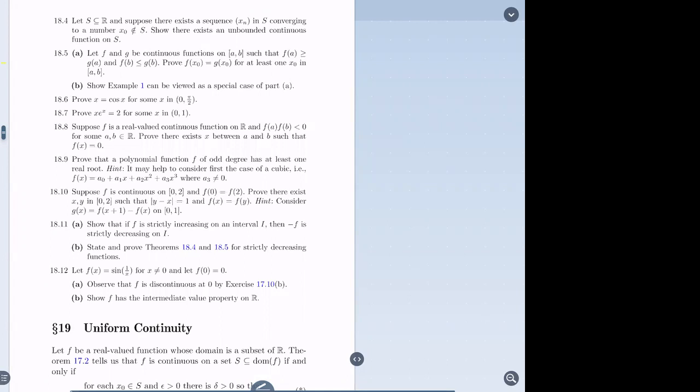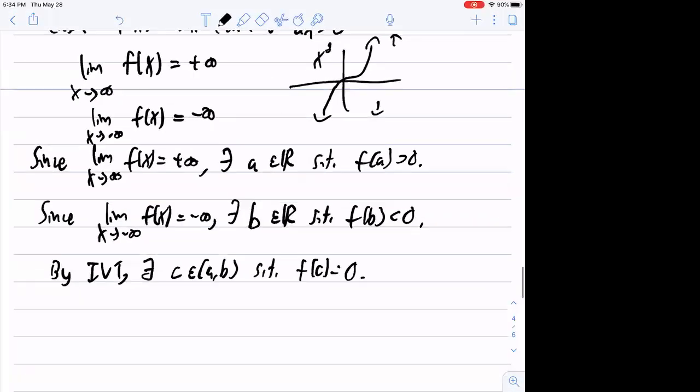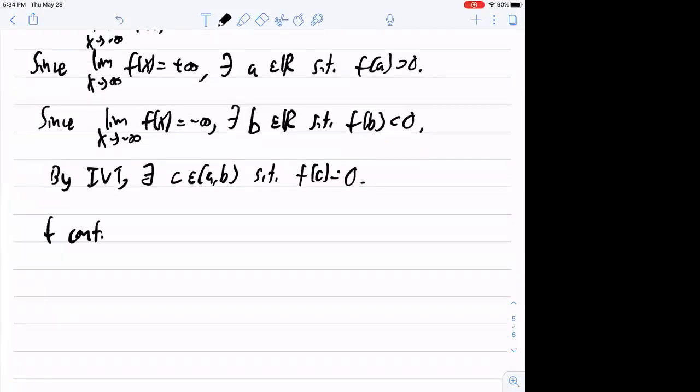Let's just do 18.10. So f is continuous on [0, 2], and f of 0 equals f of 2.